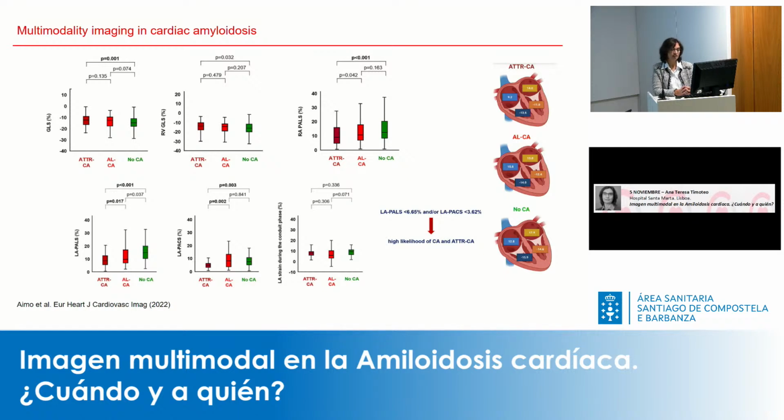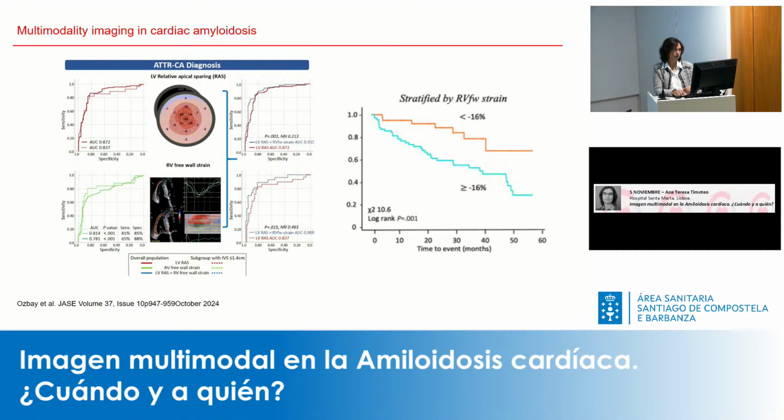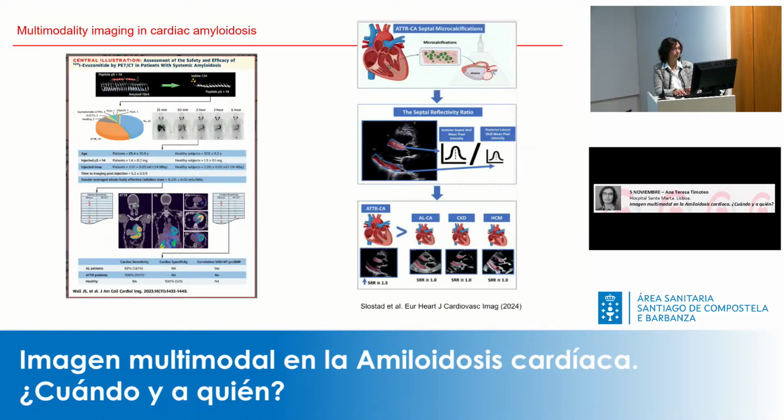So left atrium strain abnormalities are more specific of cardiac amyloidosis. Also, right ventricular free wall strain, when we add this parameter to the left ventricle relative apical sparing, can also improve prediction for cardiac amyloidosis. It's another parameter that we can associate with other parameters to increase the predictive accuracy.